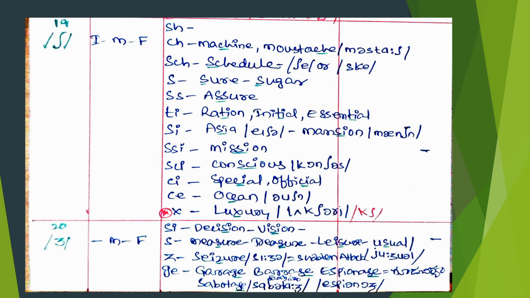And SCH, for example, schedule. And it is represented with single S: sure, sugar.